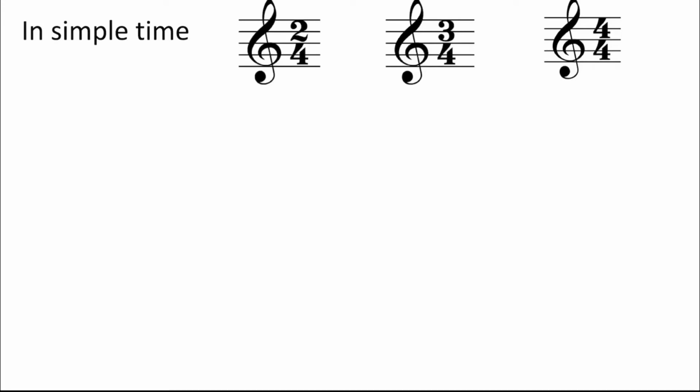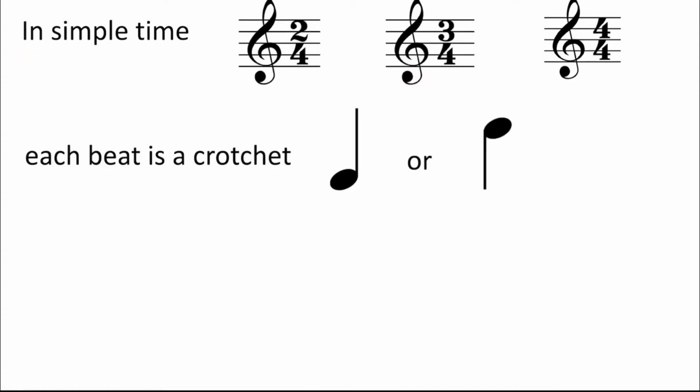Let's take a look at that in a wee bit more detail. So in simple time, that's 2/4, 3/4, or 4/4. Remember, the lower number, the 4, tells us we're in simple time. So in simple time, the main beat is a crotchet.